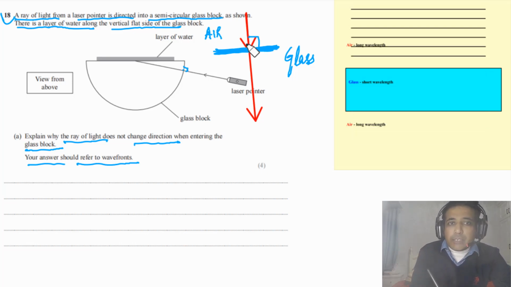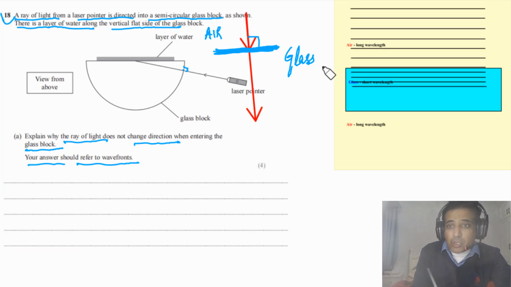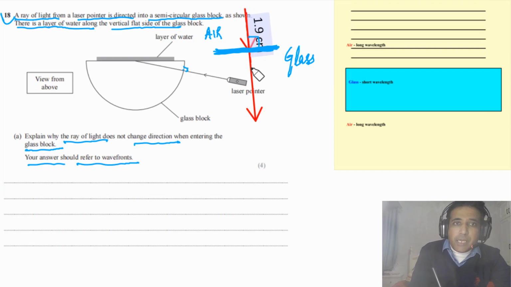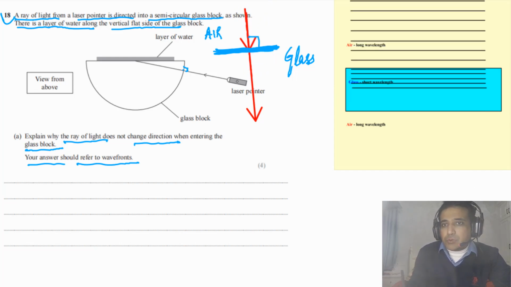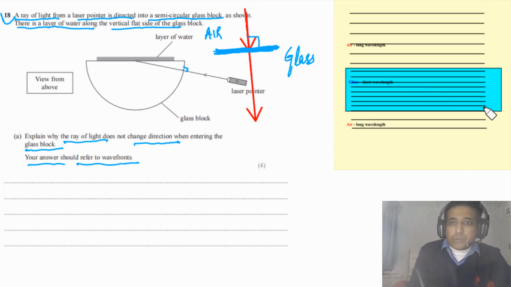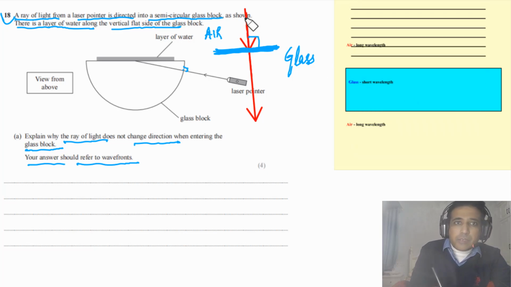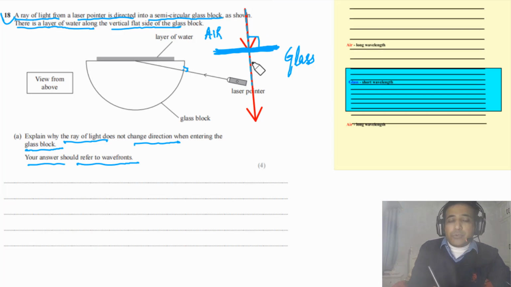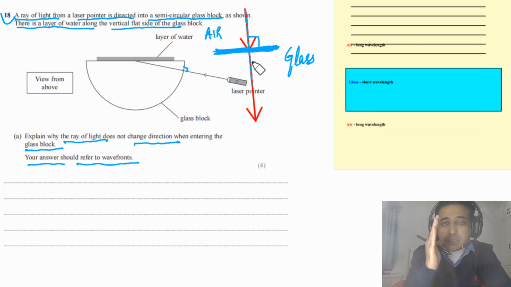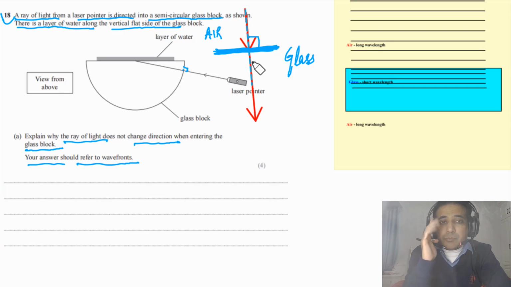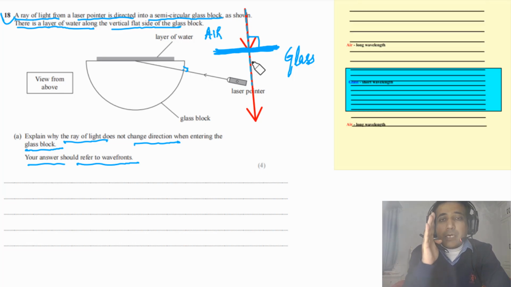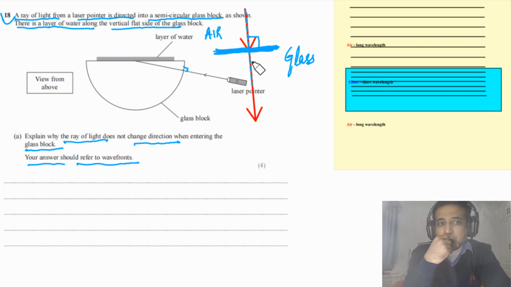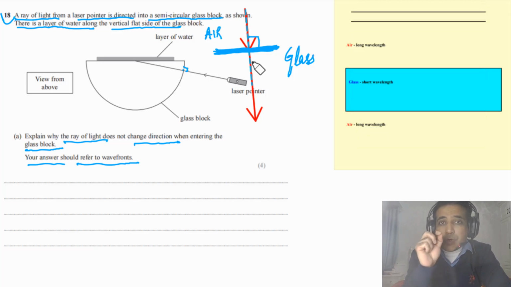We can also say, if we draw the normal line here at this point, the angle between normal and incident ray is 0 degrees. It means direction will not change. So this is the main idea. But now we need to explain this one using wave fronts.